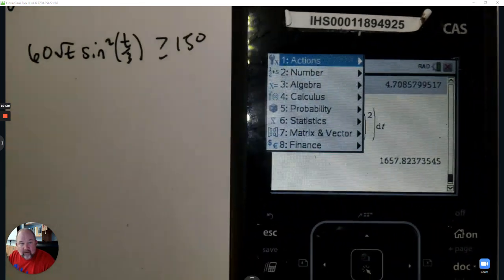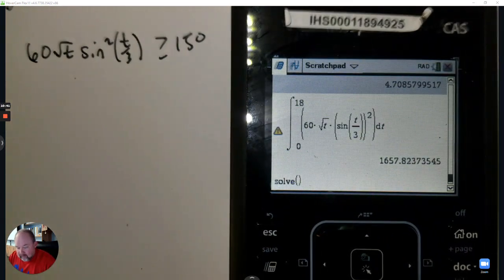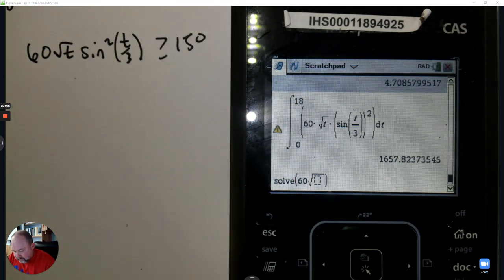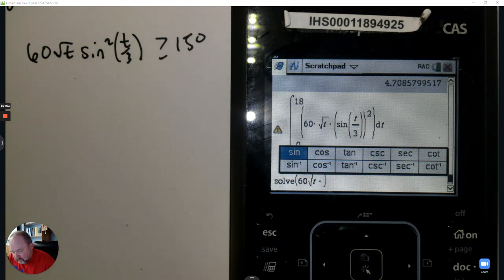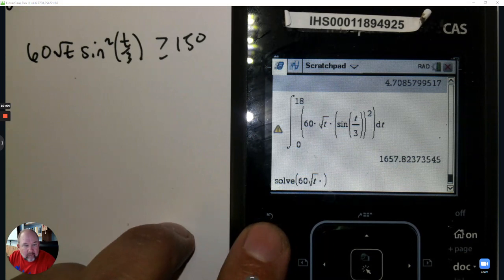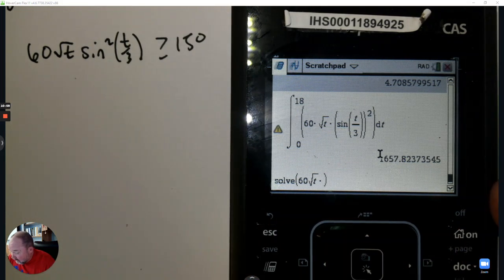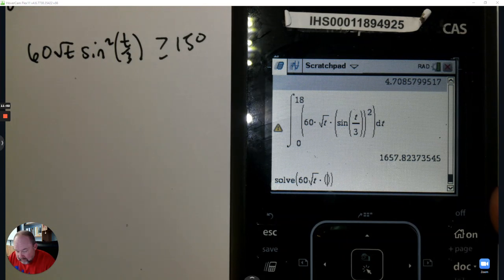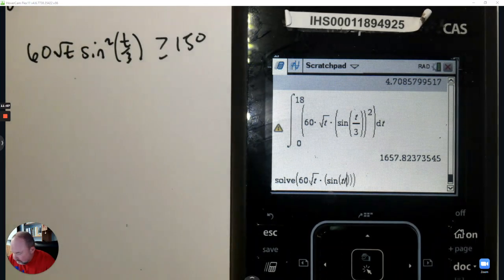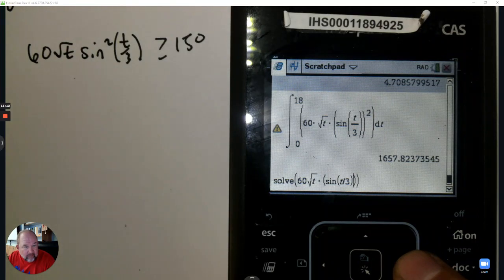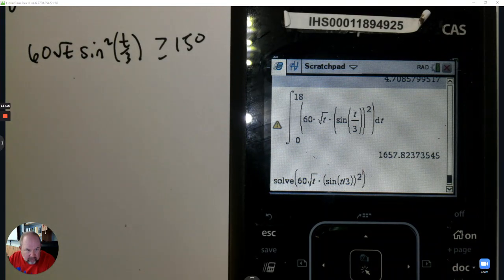We're going to go menu, algebra, solve. We're going to type in 60, the square root of t, times parentheses, sine t over 3, move the cursor, again, square it, now it's right.